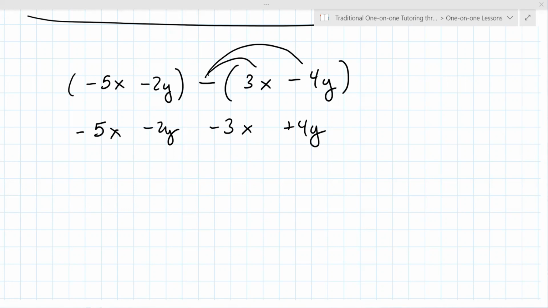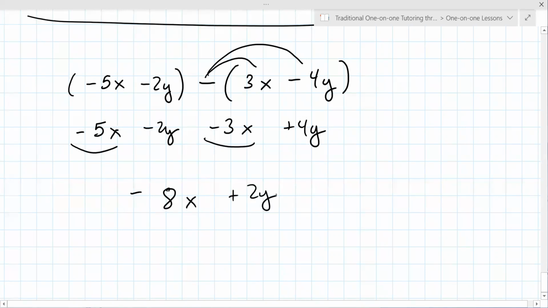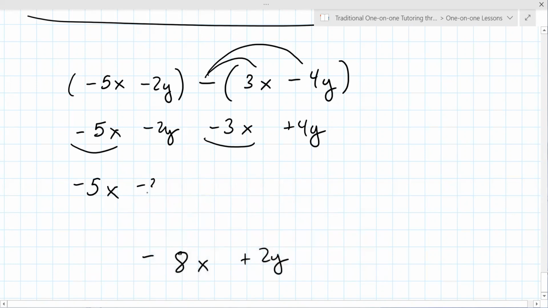All right, so let me jump in here. I have an answer: negative 2x plus negative 2y, so it's negative 8x plus 2y. Okay, so let's go through that. What may help you is if we start rewriting it like this, where the terms get side by side.